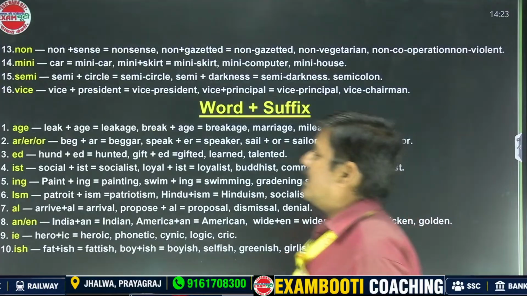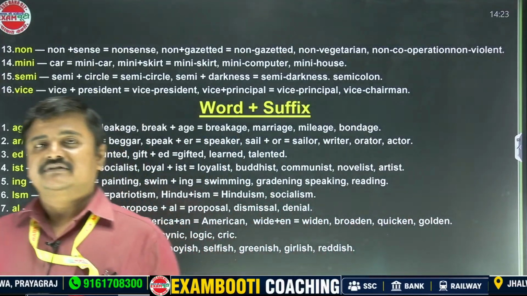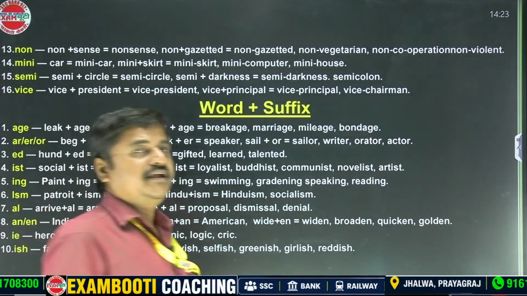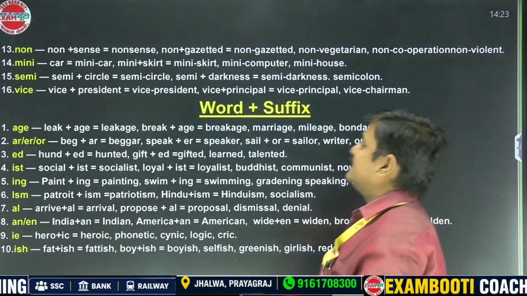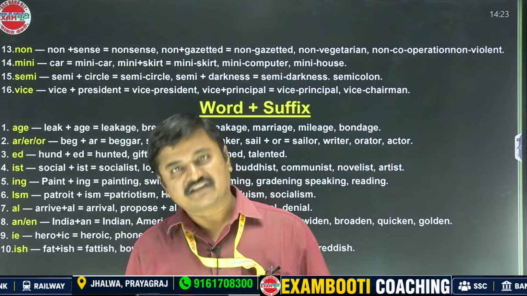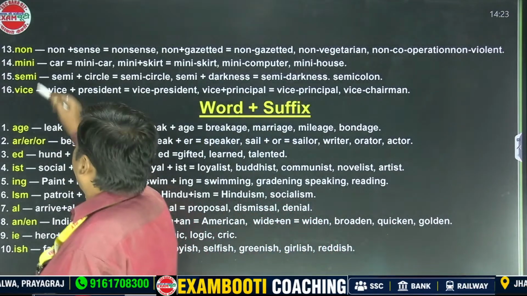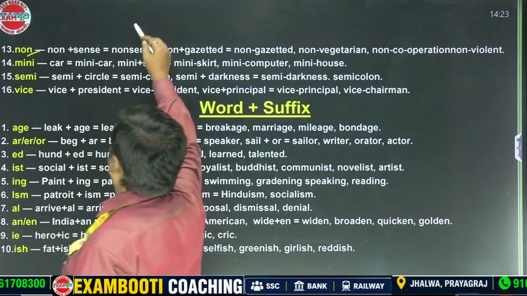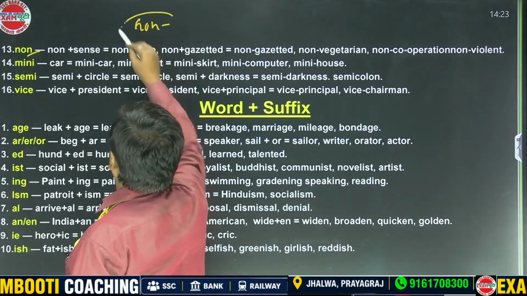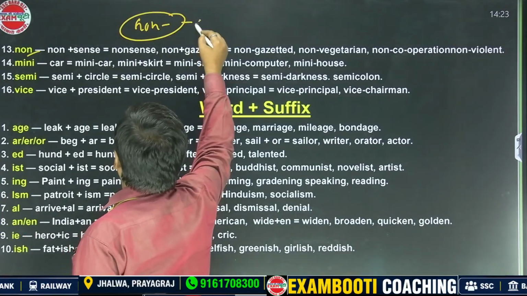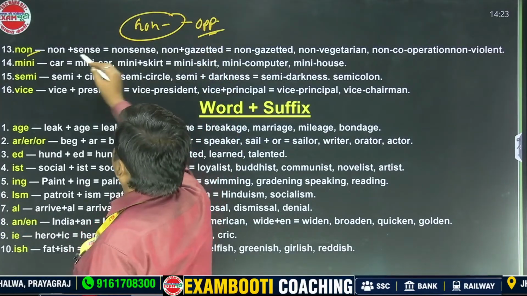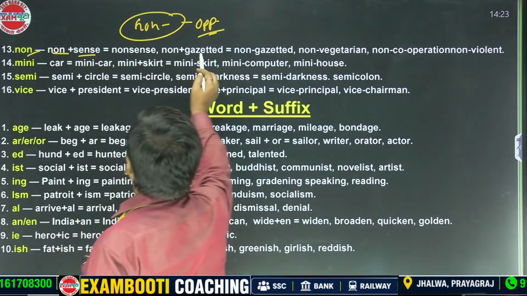Let's come to another slide. In this slide, we will see some four other prefixes, and then we move to suffixes. Like non. Non is also a prefix that forms an opposite word. Sense, nonsense.